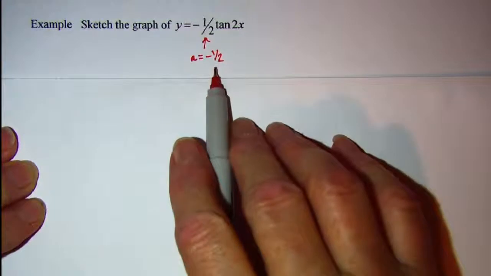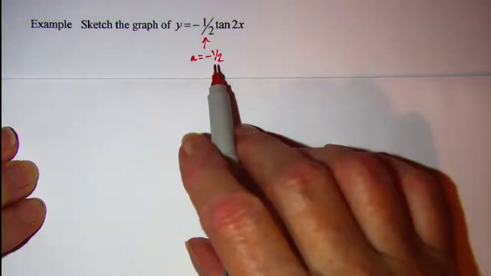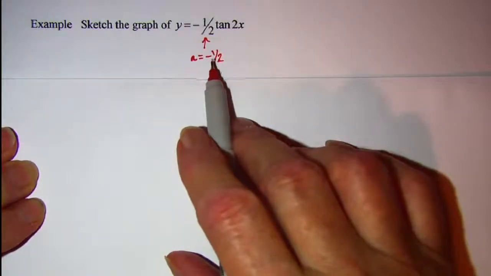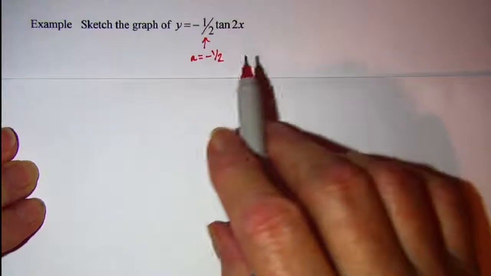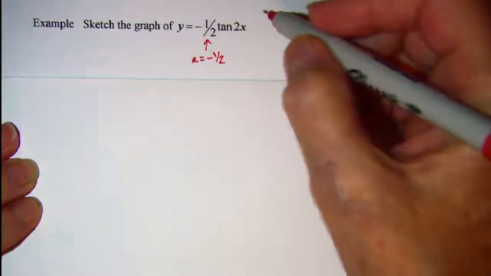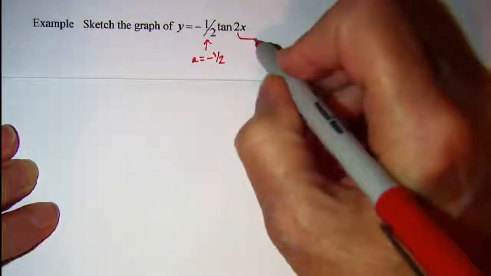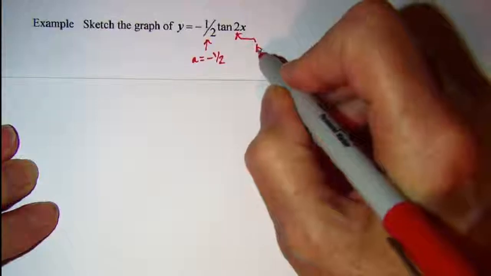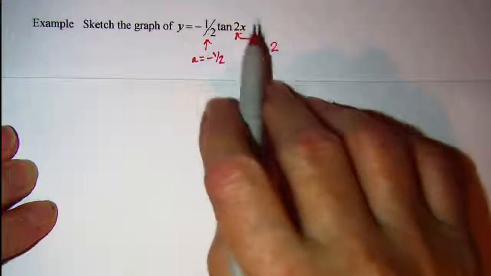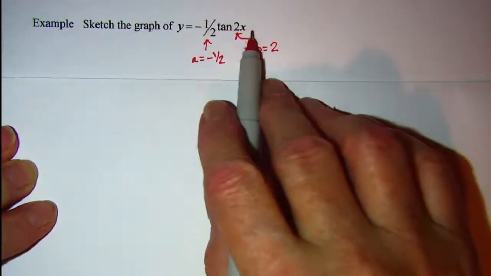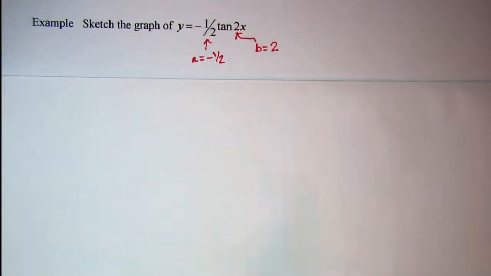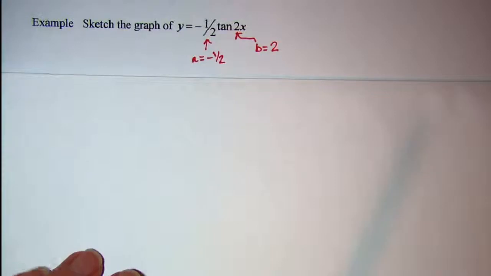Now again, this is not amplitude, this is just stretching, and in this case it's going to reflect over the x-axis because of the negative. So we'll talk about that in a minute. And then B is 2. And then D is 0 because we have nothing added on to the x here. So those are the two things that we need to worry about in this graphing example.